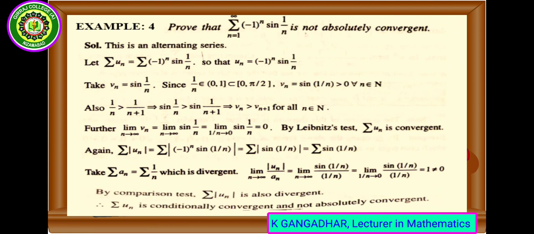So by comparison test, sigma mod un is divergent, since here sigma an equals sigma 1 by n is divergent. Here we apply limit comparison test un by vn. Limit value not equal 0, but sigma vn equal to sigma 1 by n is divergent. So sigma mod un is divergent, therefore sigma vn is conditional convergent.